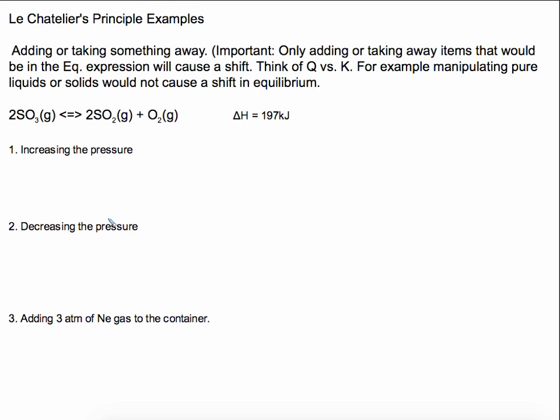It has to do with pressure. Pressure is a little more complicated, so what you have to do is draw a picture. Here's my container. On the left side of the equation, I'm going to count the moles, and I like to draw this picture. I've got 2 moles of SO3 here.